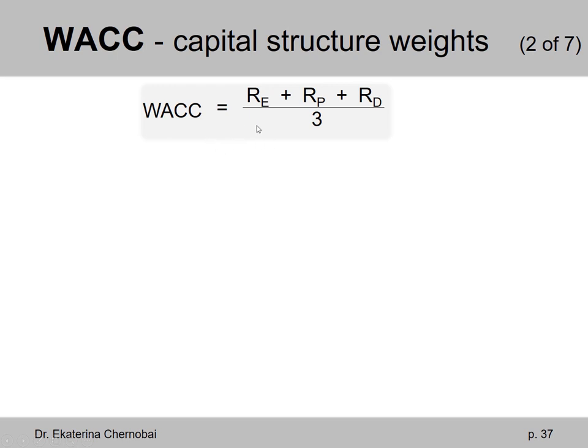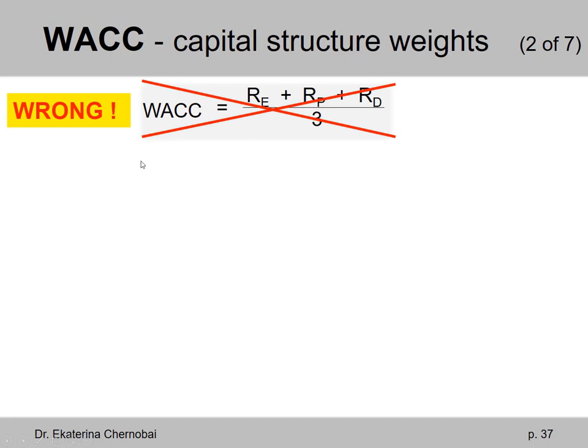So should we just sum up the three costs, RE plus RP plus RD, and divide them by 3, which will be the simple average of the 3, to give us the weighted average cost of capital?